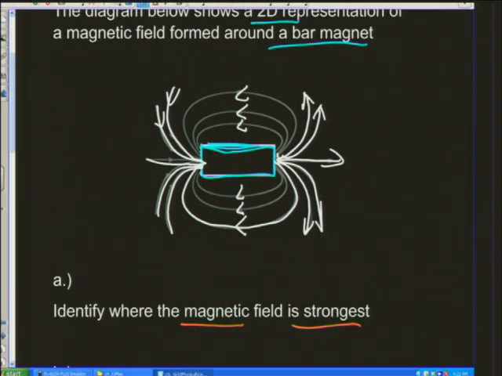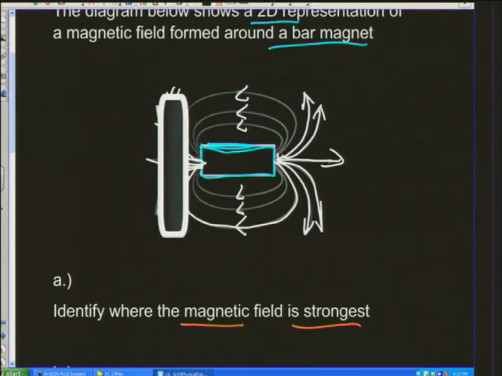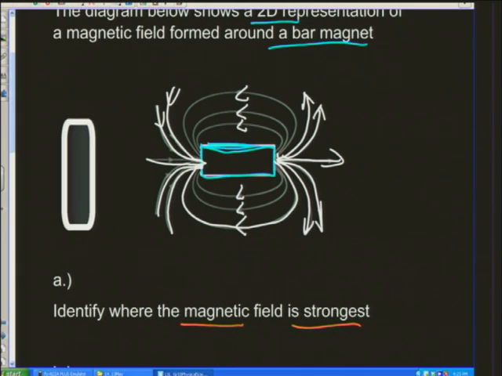So this area here, I want you to see that area there has got lots of magnet lines going through it. And that area there, around that space over here, that's where there are lots of field lines crossing through that region, through that area. That is then the strongest region.